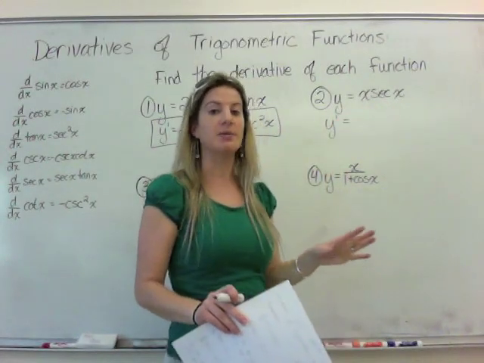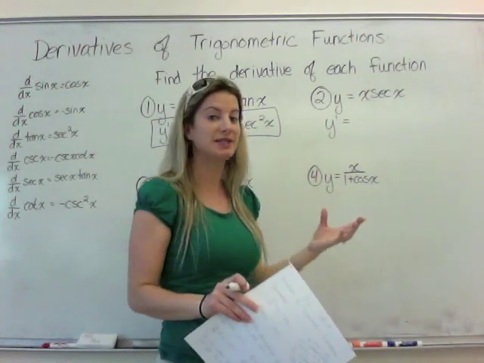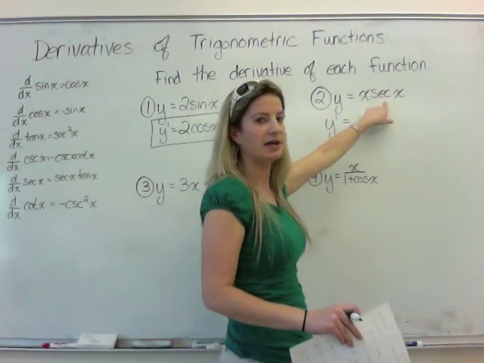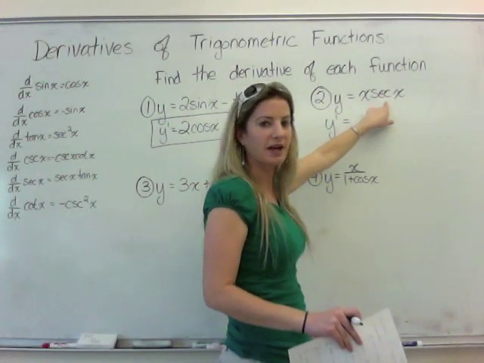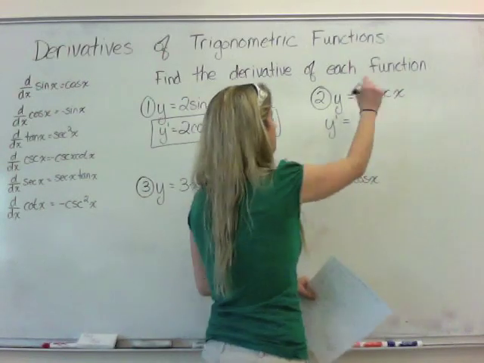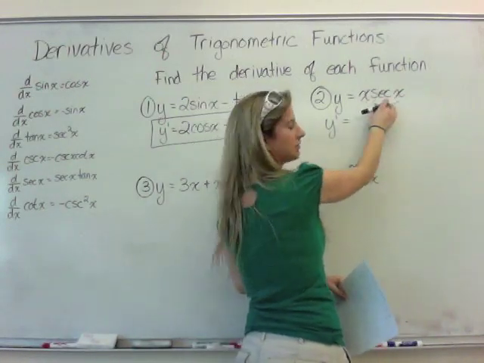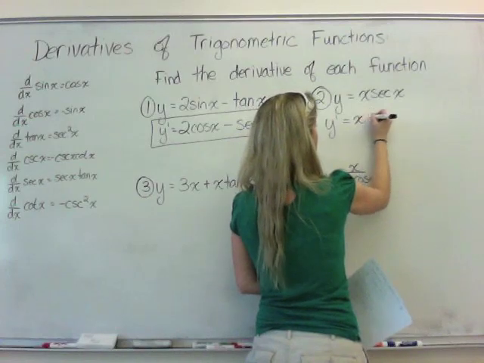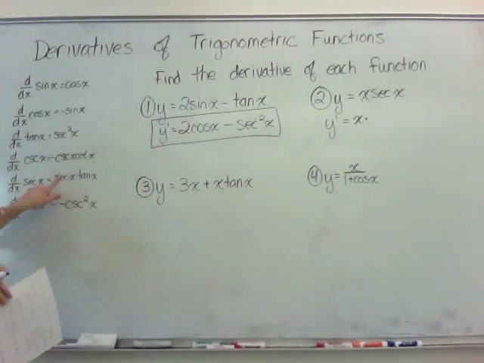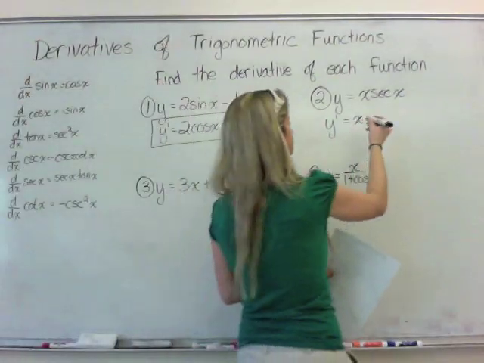Because it's commutative, if you had done the derivative of the first times the second plus the derivative of the second times the first, that would be the same thing. So let's do it this way, the first times the derivative of the second. So it's going to be x times, and the derivative of secant x is secant x tan x.